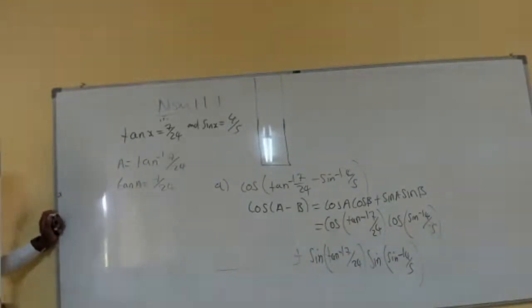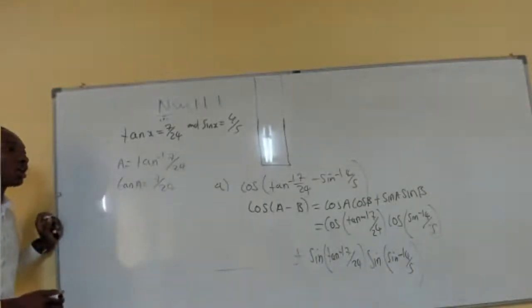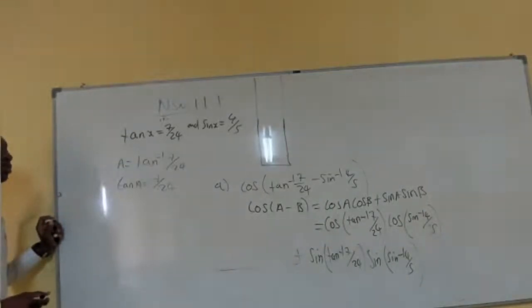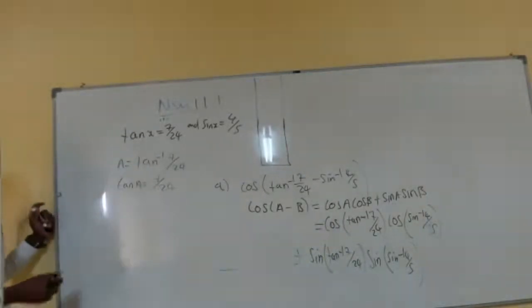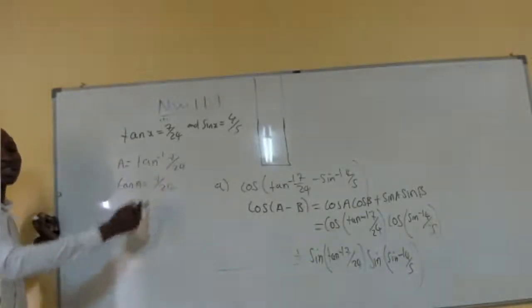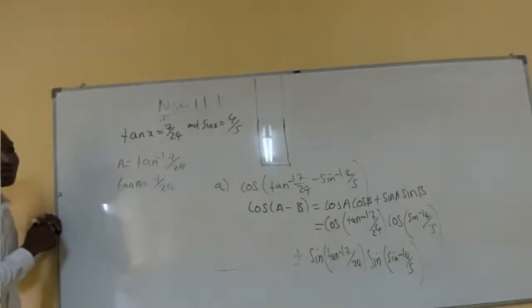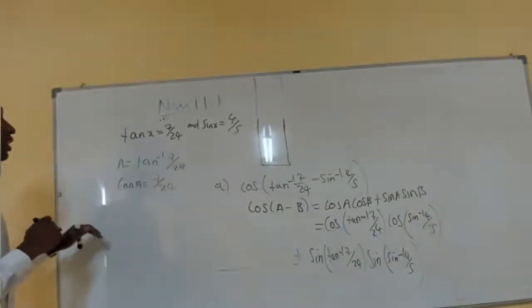If it was negative, we'd assume that is negative. So if we have those two as our values for tan, this is the opposite and this is the adjacent part. So we are looking for tan inverse.